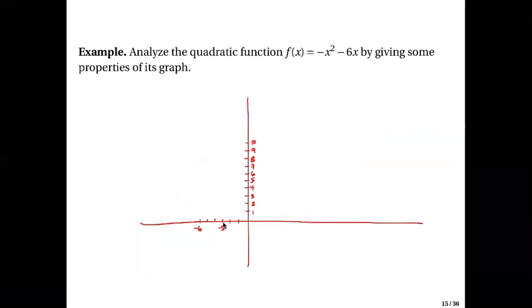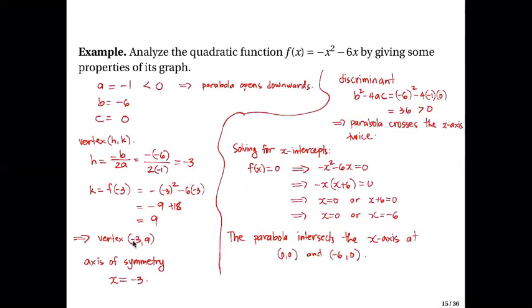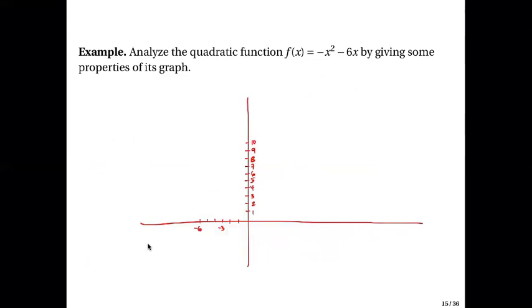The vertex, according to our calculation, is negative 3, 9. So in here, we have the negative 3 here, and the positive 9 here. So we will get this point here as our vertex. And then the other points that we will use are the intersections at the x-axis.